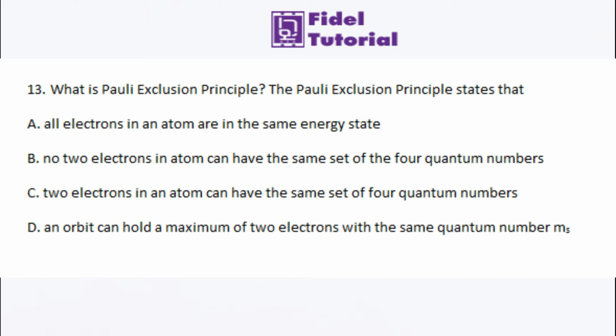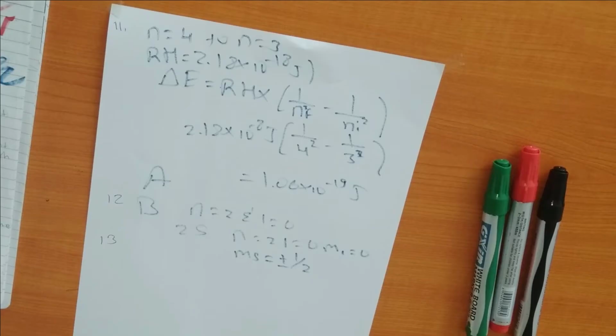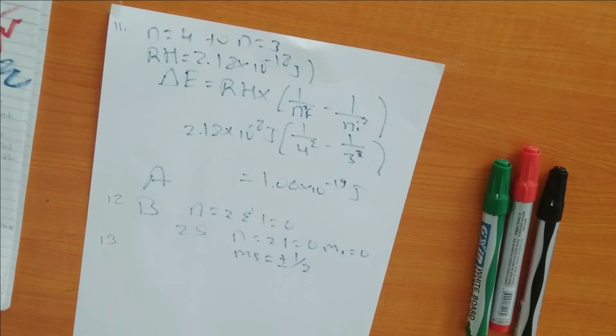D, an orbit can hold a maximum of 2 electrons within the same quantum number, ms. So what does the Pauli exclusion principle state? It states that no two electrons in an atom have the same 4 quantum numbers. So our answer will be B.